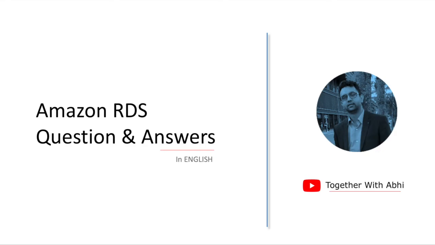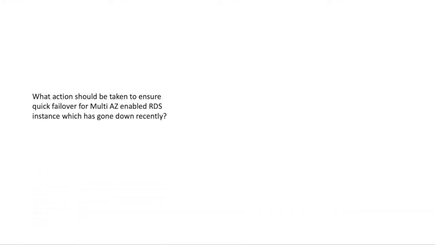But for now, let's quickly go through a few questions and answers which could be of use in interviews and certifications, just to give you an idea of how questions could revolve around Amazon RDS. The first question is, what action should be taken to ensure quick failover for a multi-availability zone enabled RDS instance which has gone down recently?